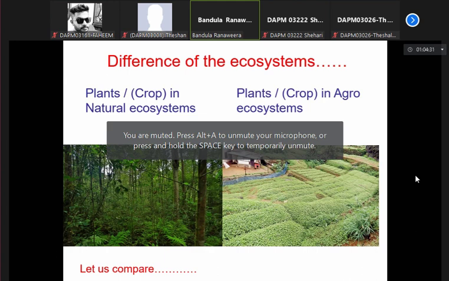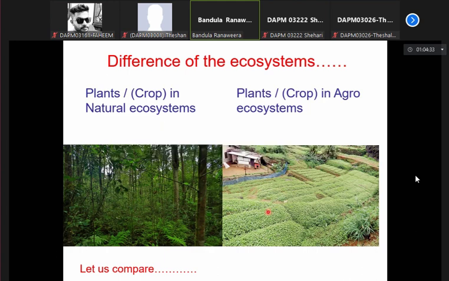So now, in the agro ecosystem, the primary consumers of the natural ecosystem become pests because their number is getting higher. Because of their number, they are consuming a lot in the agro ecosystem. So their presence is higher in the agro ecosystem, and we are talking about the reasons for their higher presence.